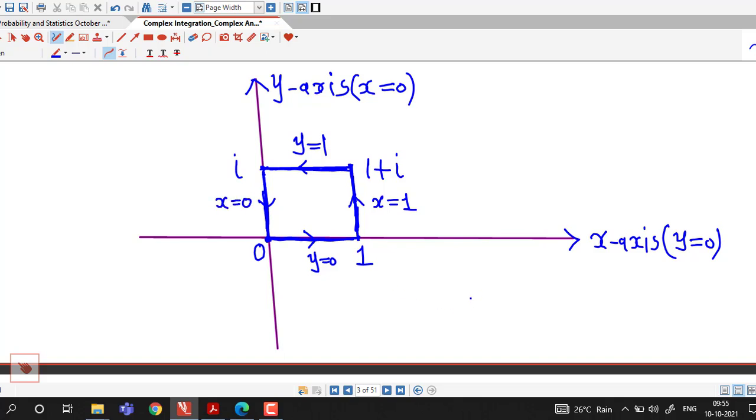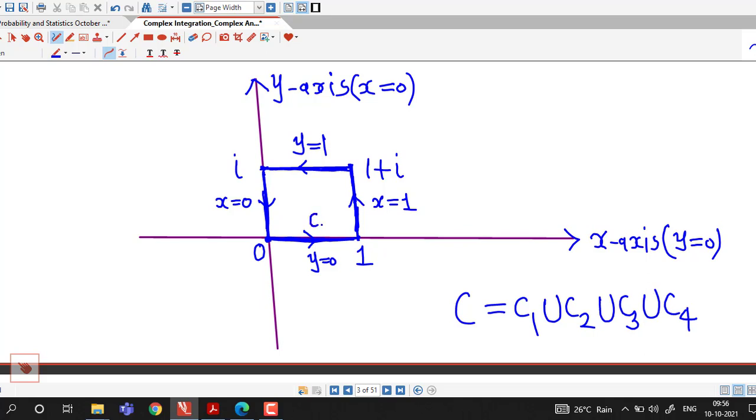So our curve or our contour C does not have a single equation, because in different sides of this square the representation of the contour is different. Along this path y is 0, along this path x is 1. So what we can do is divide our contour into 4 sub contours: C1, C2, C3 and C4.